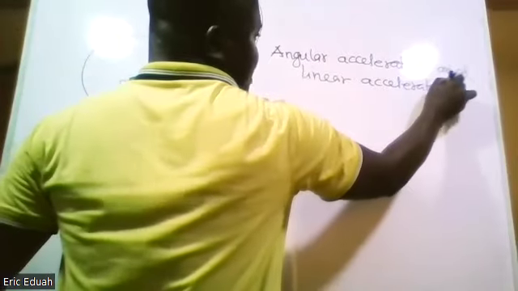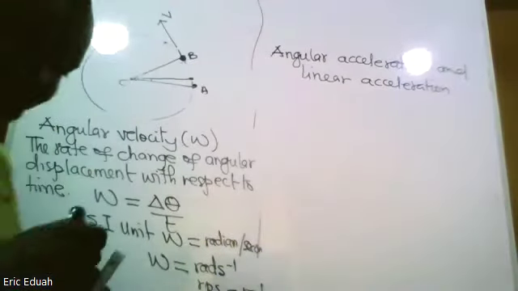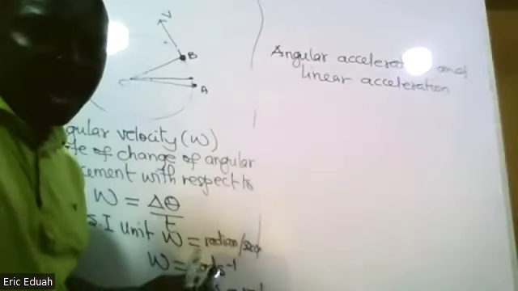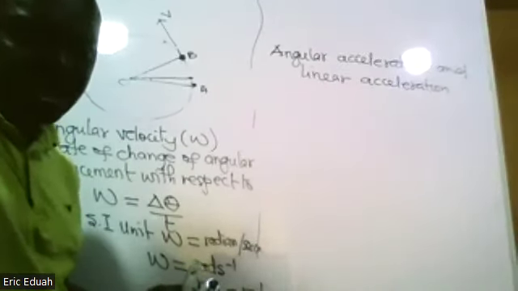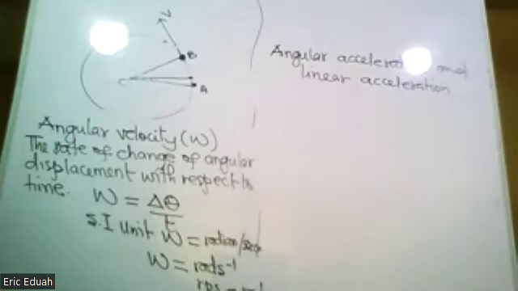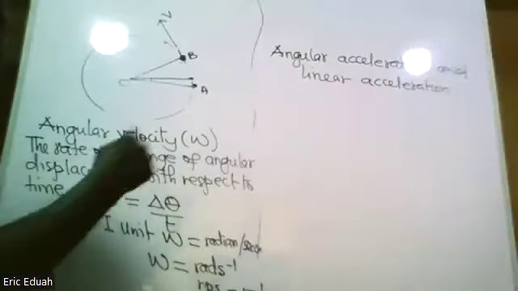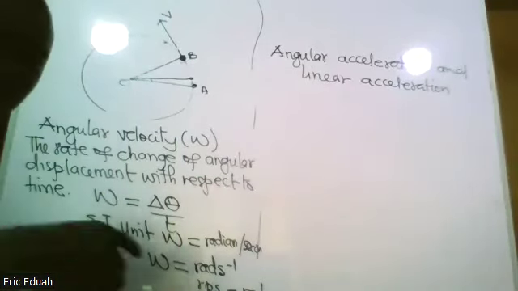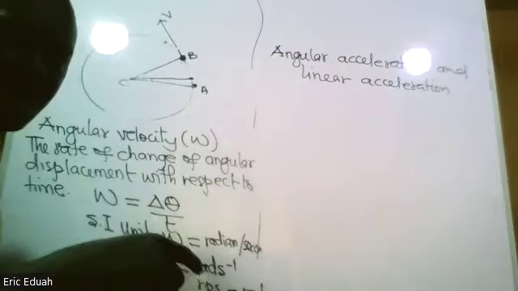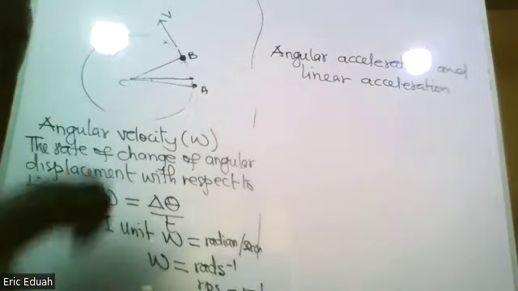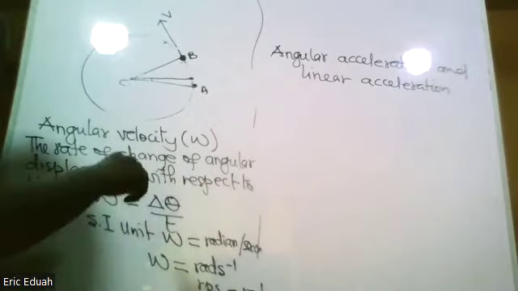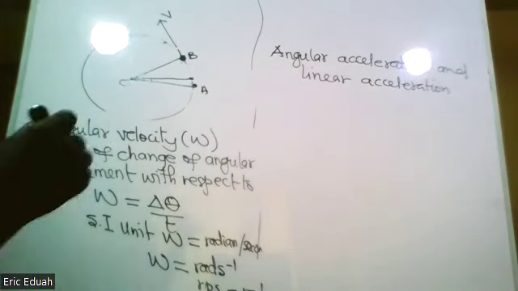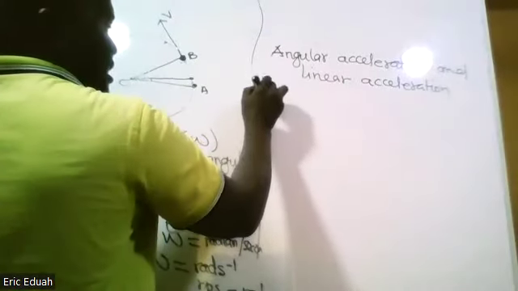As the speed of the blade of the fan increases with time, we'll have acceleration along the circumference. Now, as this speed increases, it will affect the angular displacement at the center, which will also change at some rate with time. And so that would give us angular acceleration at the center.